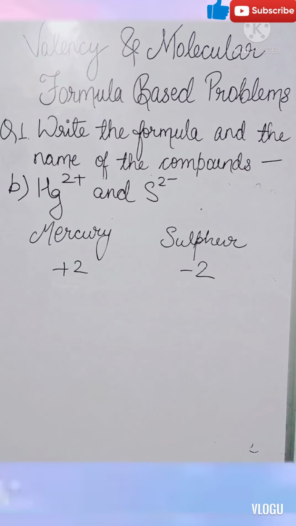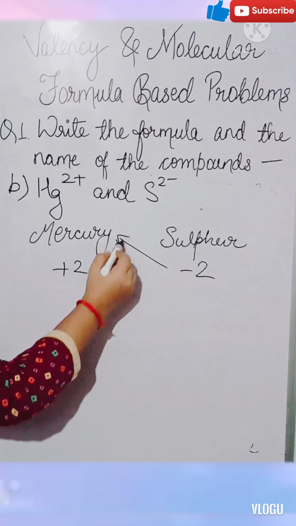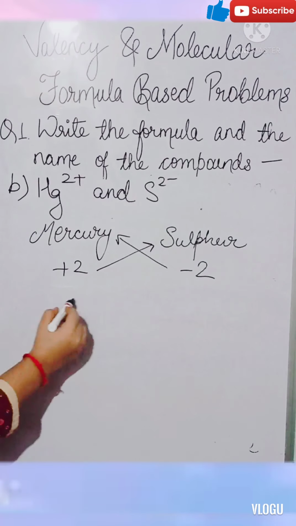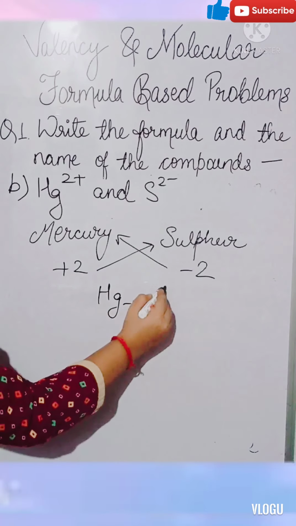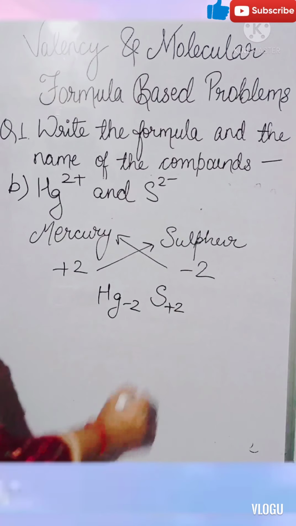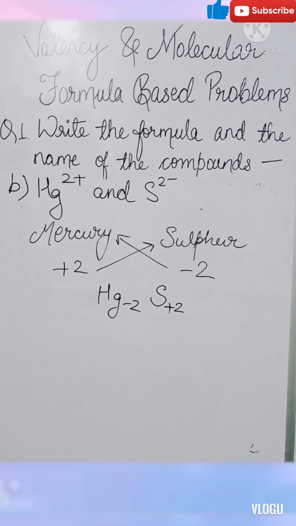Now we can see here that sulfur is in need of 2 electrons and mercury has 2 electrons in its outermost shell, which are making it unstable. So mercury is ready to donate these 2 electrons and sulfur is ready to gain these 2 electrons. So transfer will be like this. Now as I said, we don't write the signs and also we don't write the same subscripts.